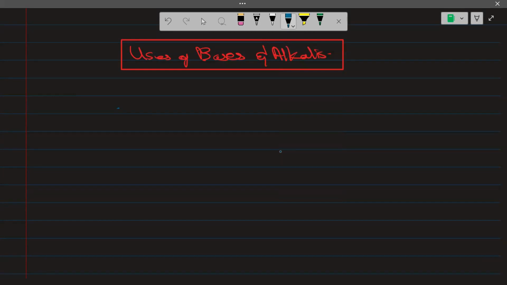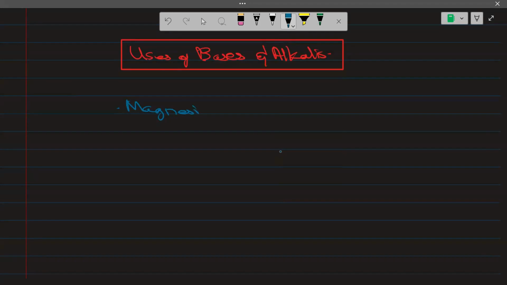What are some uses of bases? We use magnesium oxide as an antacid for relieving gastric pain and for making refractory bricks.